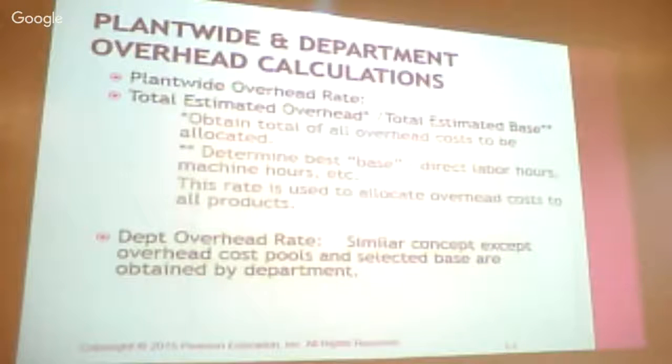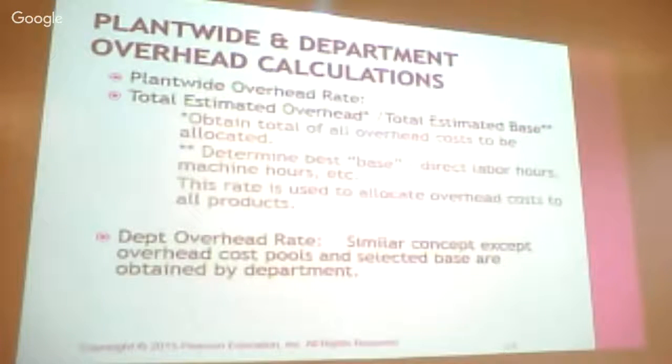So basically, when you start off at the beginning of the year, you're going to say, okay, we are going to produce 20,000 cars. And if you say, okay, I'm going to base this off direct labor hours, and it usually takes maybe 5 hours per car to build, that would be 5 hours times 20,000.